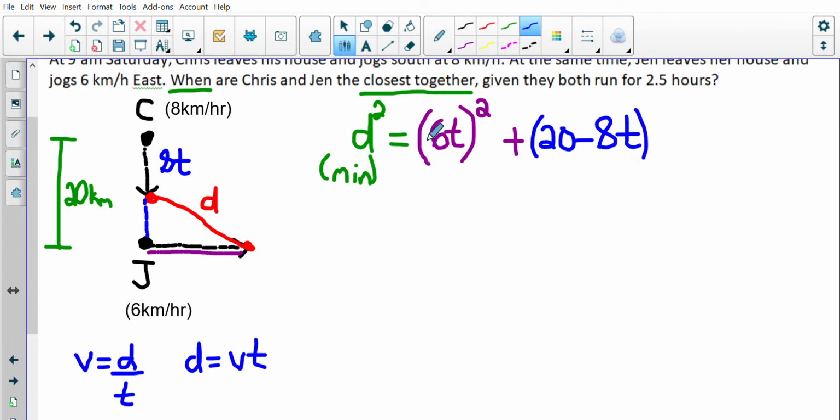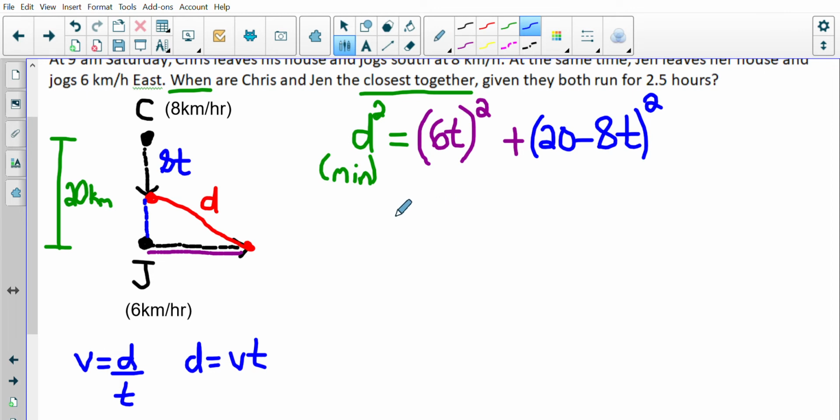And again, because we're dealing with the Pythagorean Theorem here, we've got it squared. All right, so there we go. So now I've got my formula. And I'm lucky it's only in terms of one other variable, which happens to be time, plus the variable we're trying to minimize.